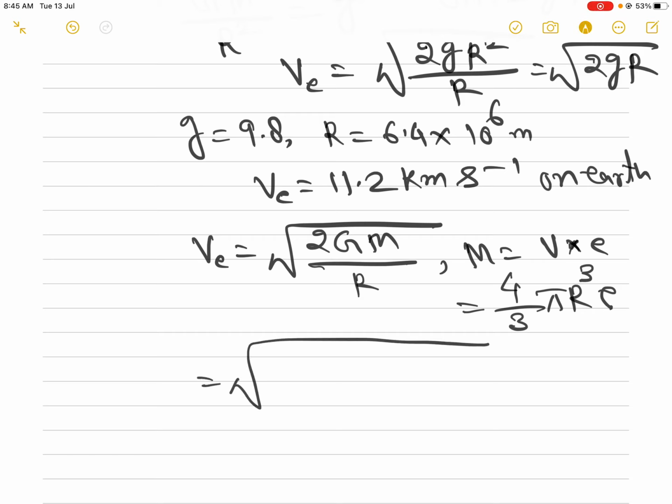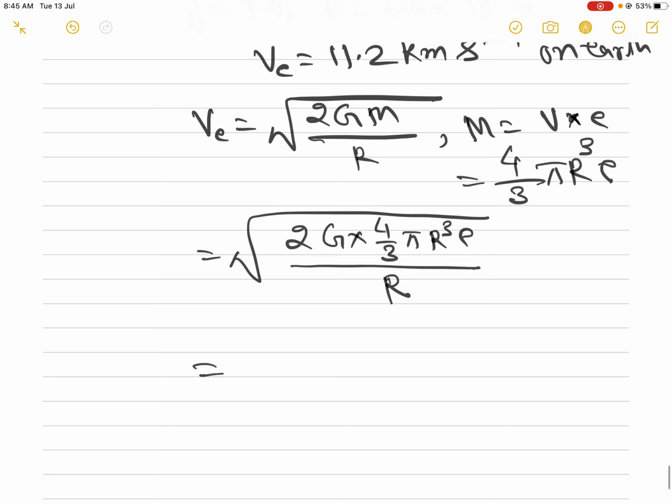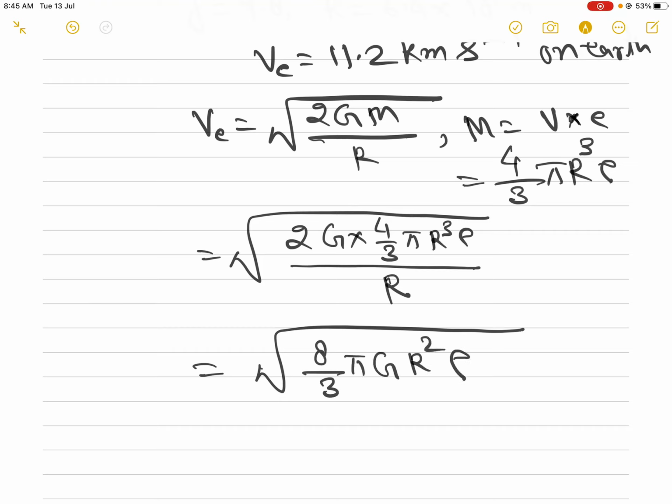Now, put the value, 2 G into 4 by 3 pi r cube rho upon r, then we will get root 8 by 3 pi G r square rho. It is rho.